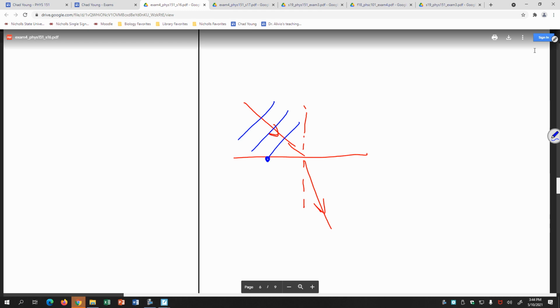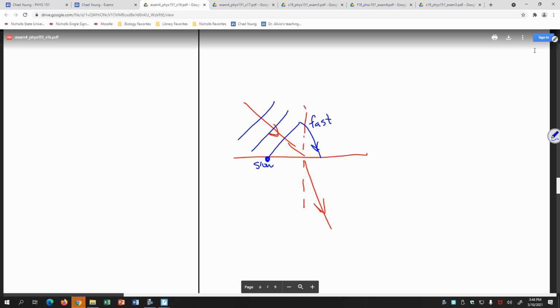So right here, that light is going to slow down. That means that it keeps going fast up here, and that's what causes it to bend in this direction. Remember we talked about like a twin propeller boat or a tank or whatever? If you want to turn in one direction, you make one side go faster than the other.